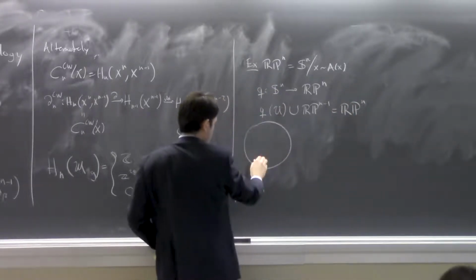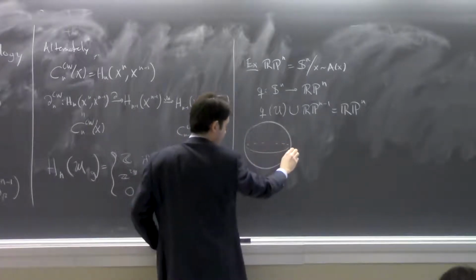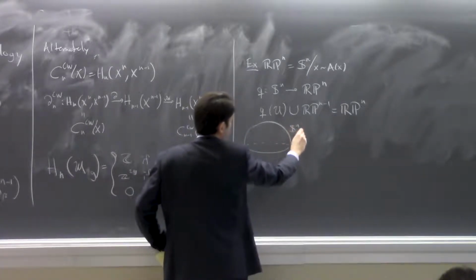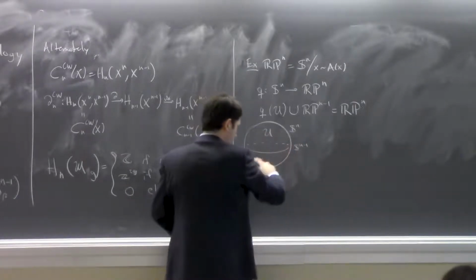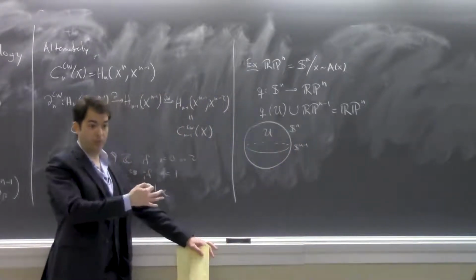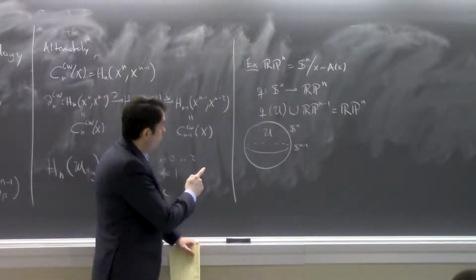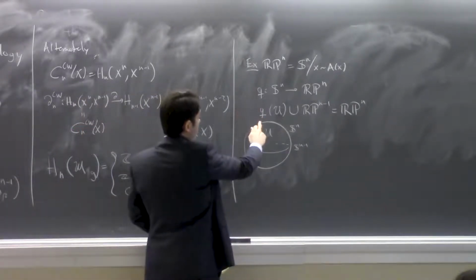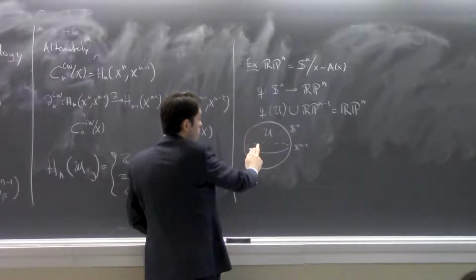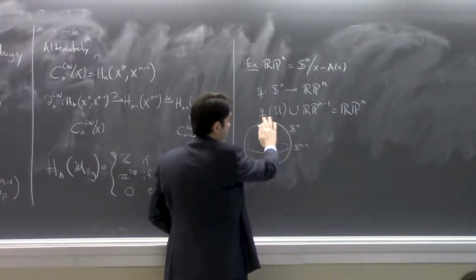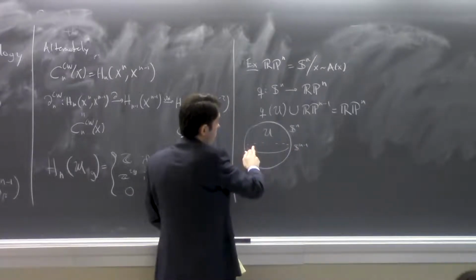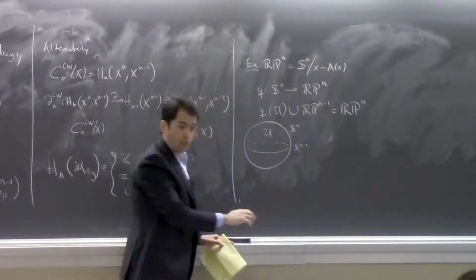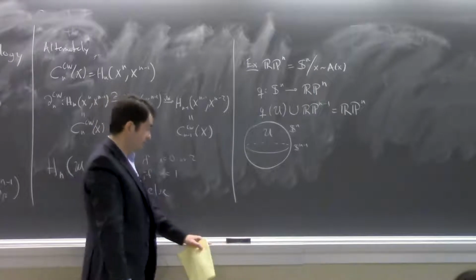So the picture is that you have here Sn, the equator is Sn minus 1, the upper hemisphere is U, and when you take the quotient, you get the quotient map of U without any identifications, but the quotient of Sn minus 1 gives you RPn minus 1 because you're identifying antipodal points there.